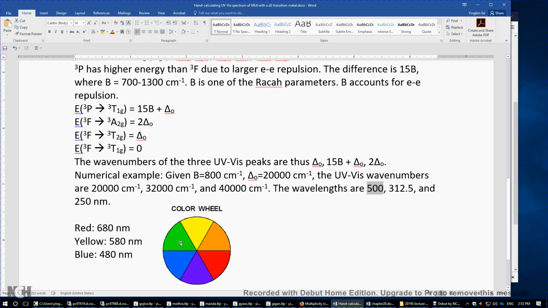And then if you shed a visible light, well, natural white light, to this transition metal, it's going to absorb the green light. And then the color of the transition metal complex is red. Again, if the transition metal complex absorbs yellow light, it will look purple. If it absorbs orange light, the color of the transition metal complex is blue.